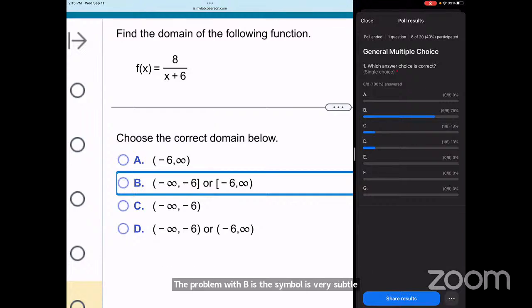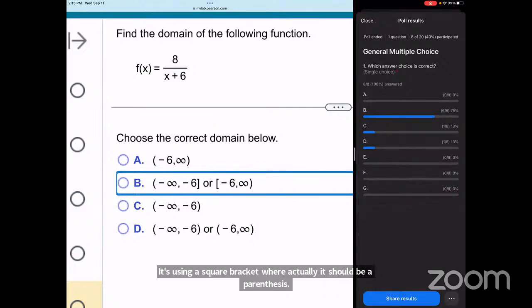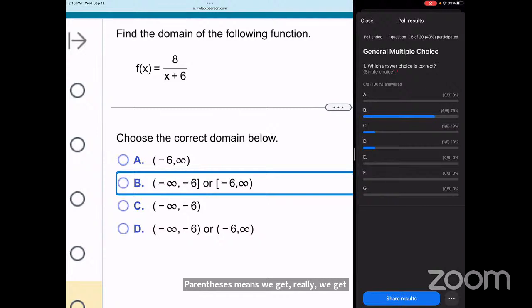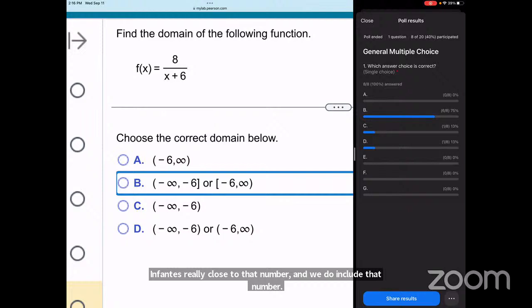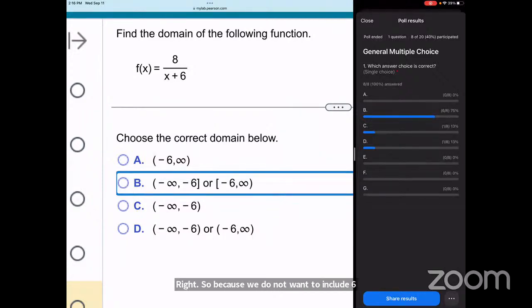It's using a square bracket where it should be a parenthesis. Parentheses mean we get infinitesimally close to that number, but we do not include it. With the square bracket, we get infinitesimally close to that number, and we do include it. Because we do not want to include -6, the result should be D. So I'm going to go with D.